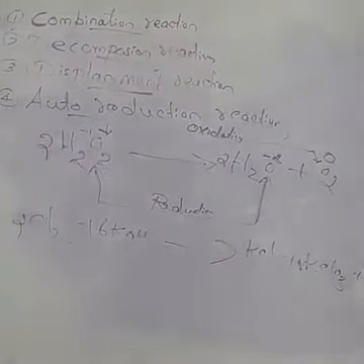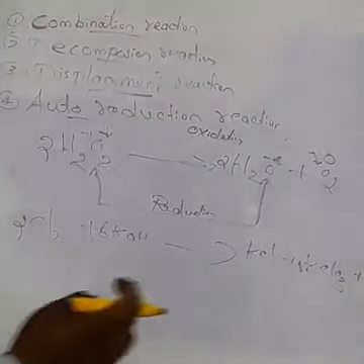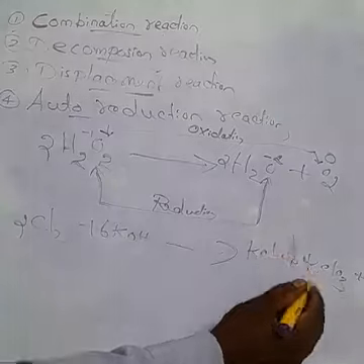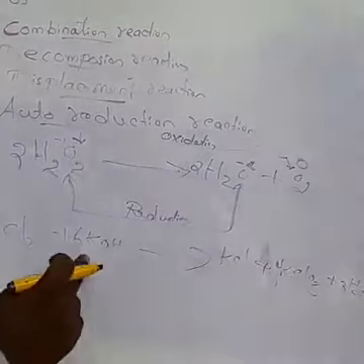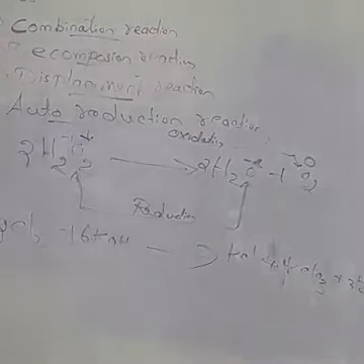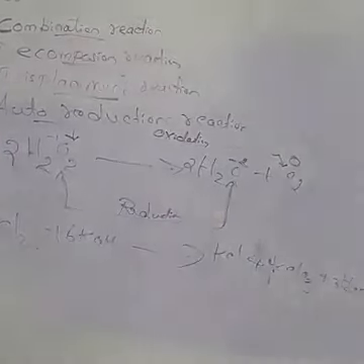I'm sorry. 3 plus 3, 6. Okay. Now it is balanced. Am I right? Then how can you find out the oxidation and the reduction for this type of reaction?